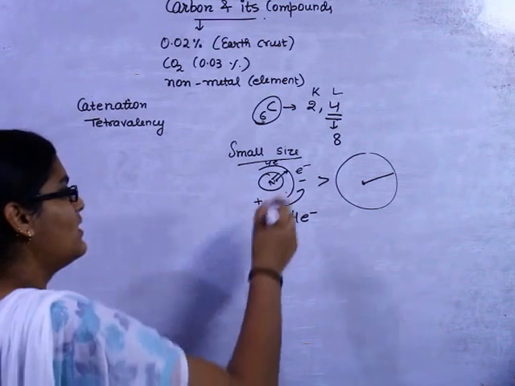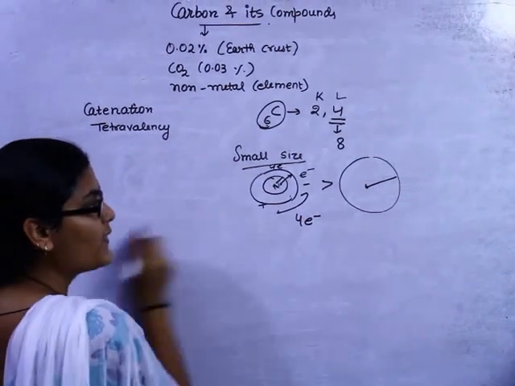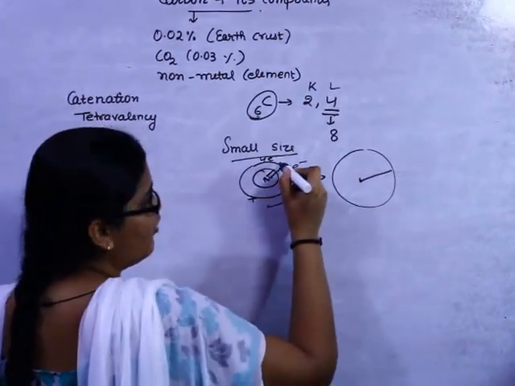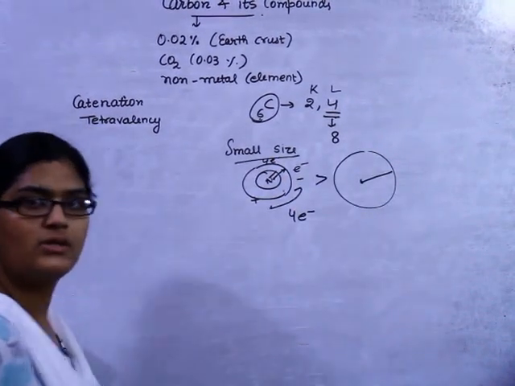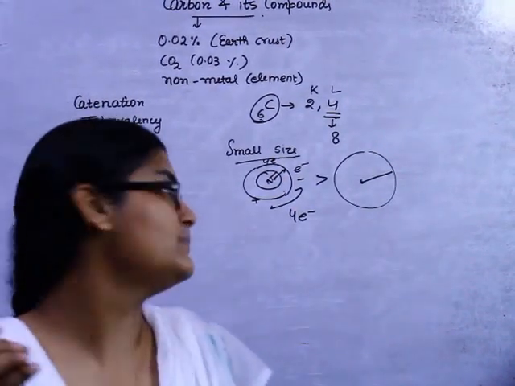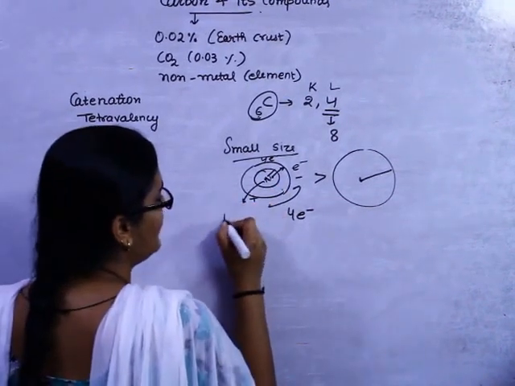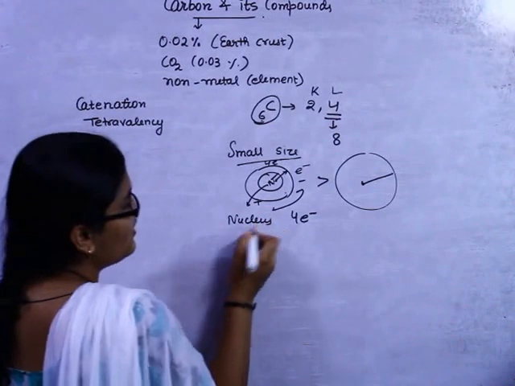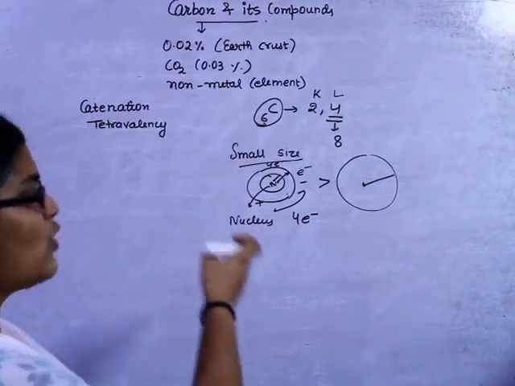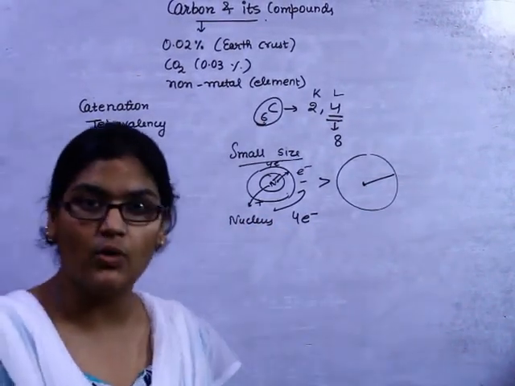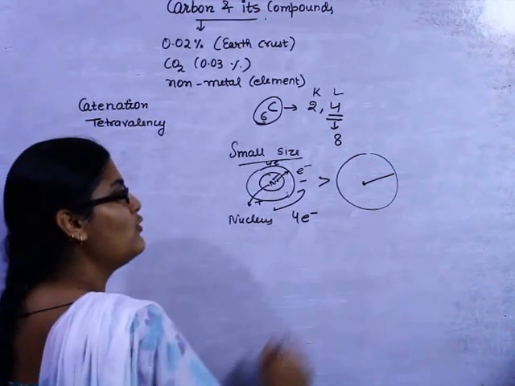So let us see, can it do it or not? If it wants to donate 4 electrons, it cannot make it happen. As I told you, the nuclear force in a small-sized element is much more as compared to a larger one.